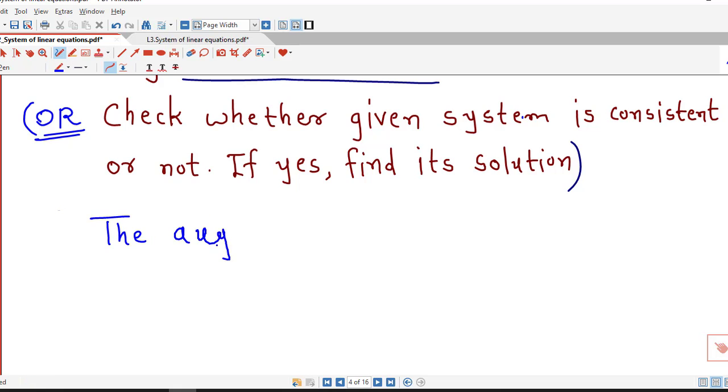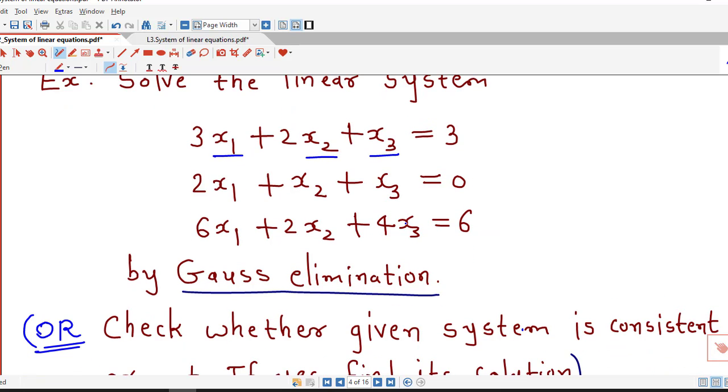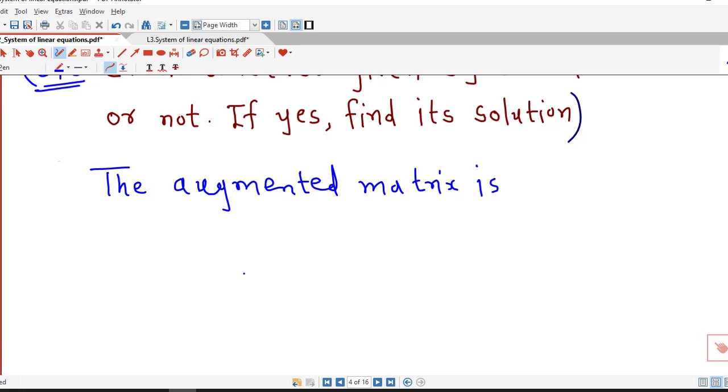The augmented matrix is, so here variables are x1, x2, x3. So first column of augmented matrix corresponds to coefficients of x1, which are 3, 2 and 6.